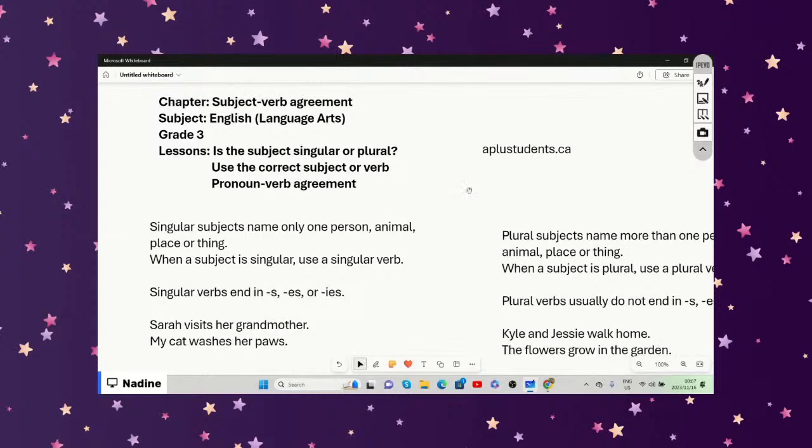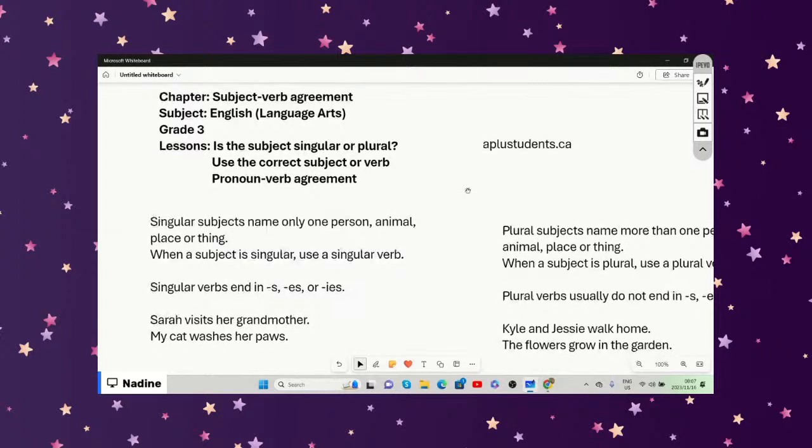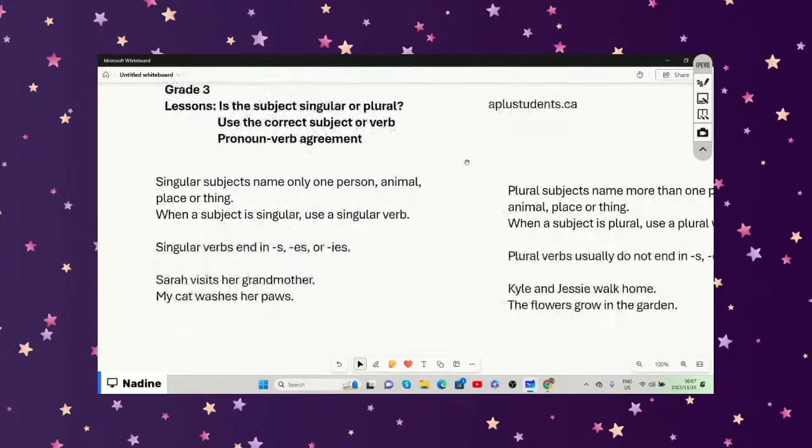Okay, so we're going to start with what is a singular subject as well as a plural subject, especially for our first lesson, which is: is a subject singular or plural?